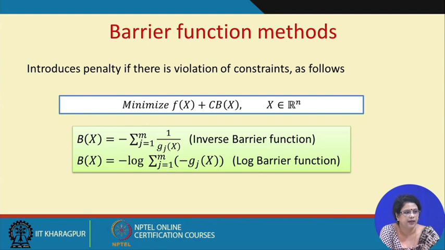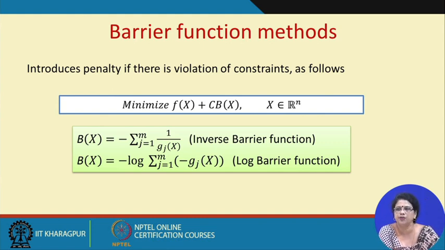One barrier function can be considered as 1 by the constraint function. If we have one constraint function g(x), then the barrier function can be considered as minus 1 by g(x). In the general model we consider, g(x) is always less than or equal to 0. Our model is minimization of f(x) subject to g(x) less than or equal to 0.